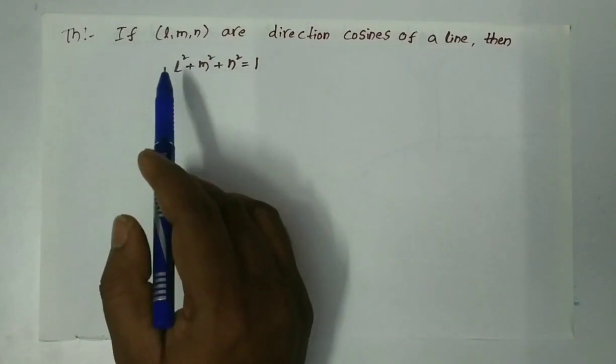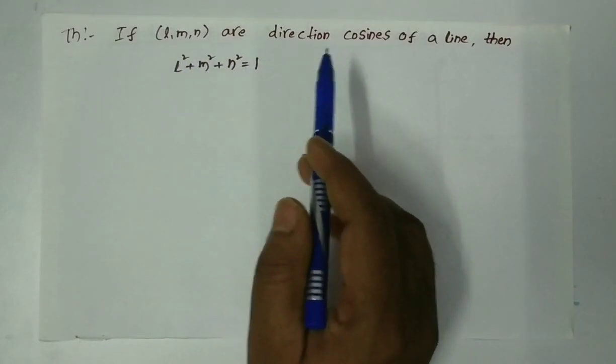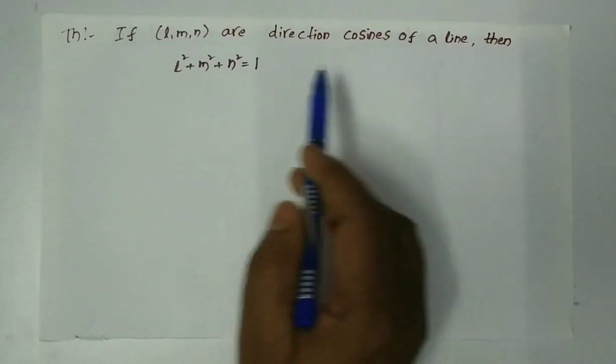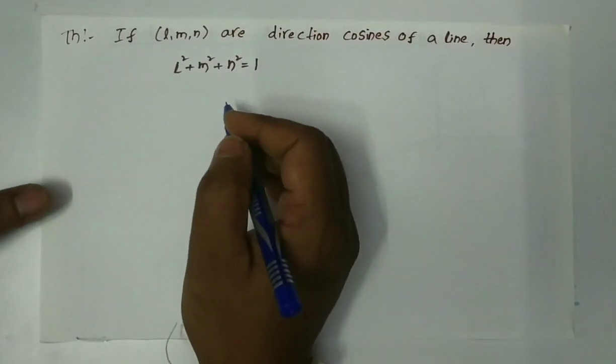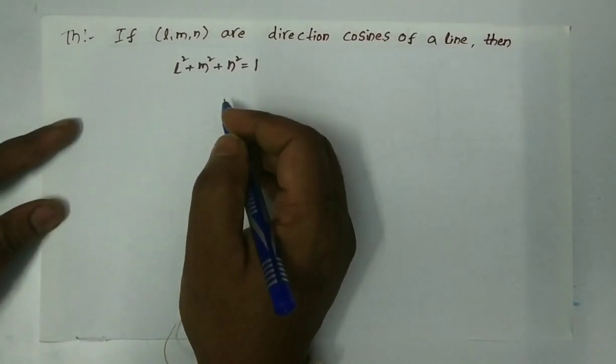That means if l, m, n are direction cosines of a line, then we have to prove that l squared plus m squared plus n squared is equal to 1.